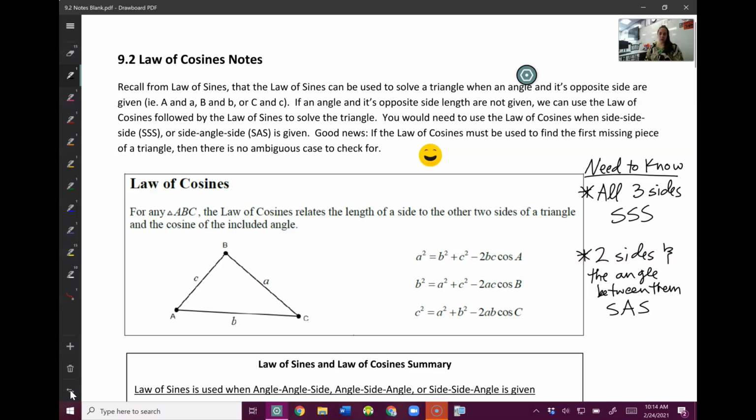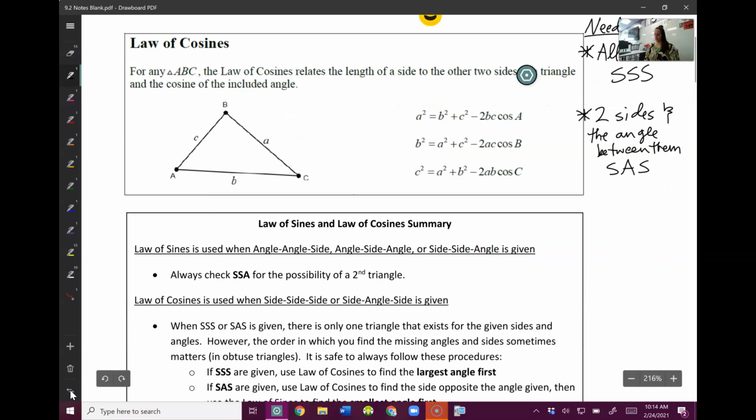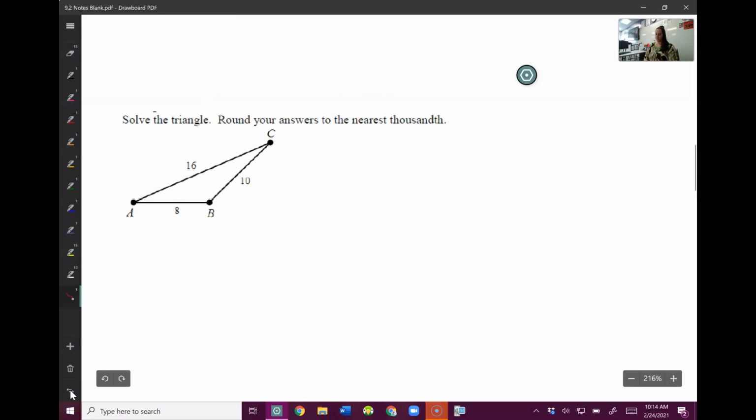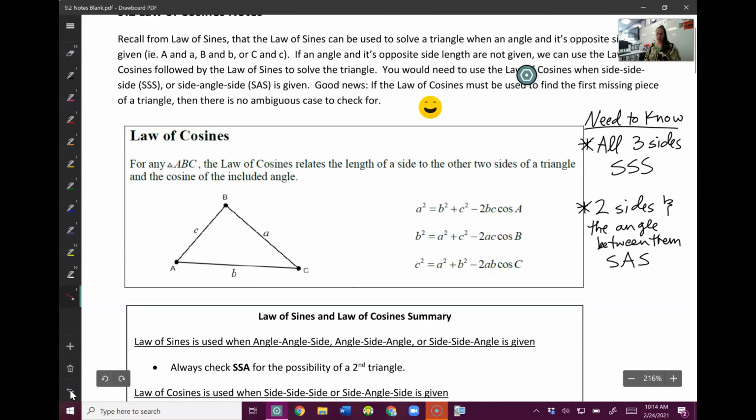Those are the two cases where you use the law of cosines, and you can see those examples on the next page. So this one has two sides and the angle between those two sides. So that's a law of cosines. This one has all three sides, so that's a law of cosines. If it doesn't fit those two, then it has to be law of sines.